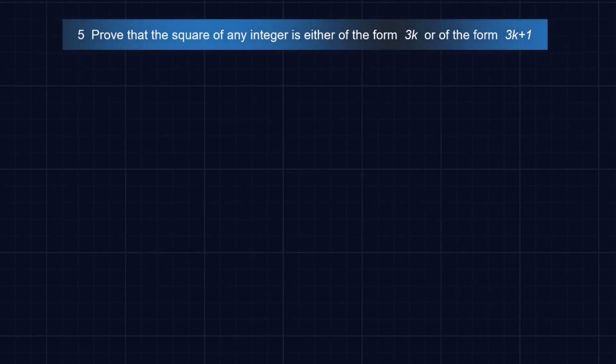Here's our next question. Again, let's have a look at what we have here. 4 squared is 16, which is 1 more than 15, and 15 is 3 times 5, so that's of the form 3k plus 1. 5 squared is 25. 1 more than 24.